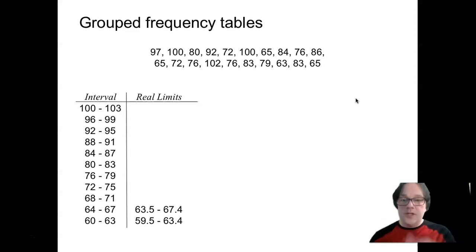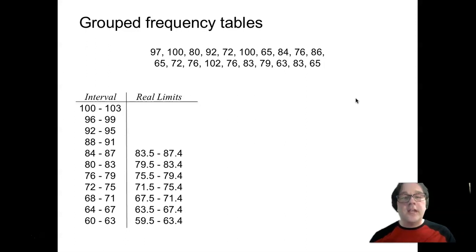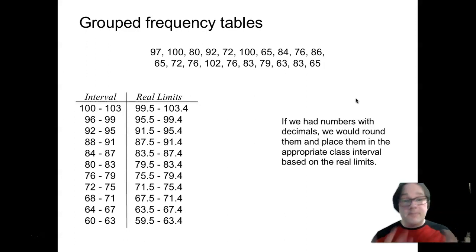So when we talk about the real limits, we're just noting that we recognize sometimes there's going to be decimals, and sometimes we might have difficulty figuring out which interval those scores should go into. And there you go. Those are the real limits in case you need them, in case you need to remind yourself about the rules of rounding for decimals. Okay?